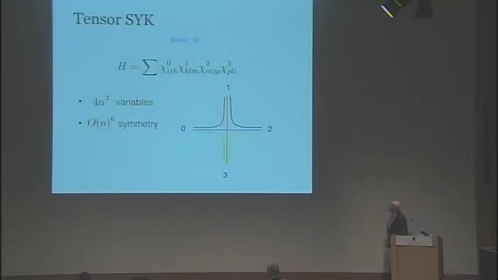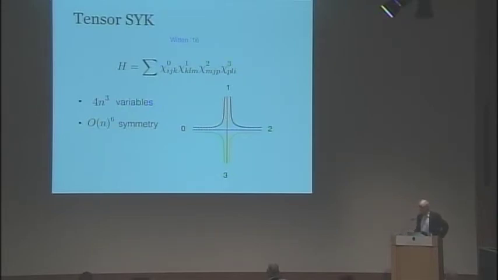In another development, Witten realized that these melon diagrams that appear in the perturbative expansion also appear in so-called tensor models in which instead of having random couplings, the Majorana fermions have many indices, so they're multi-rank tensors, in this case rank 3. And those tensors are coupled like this.